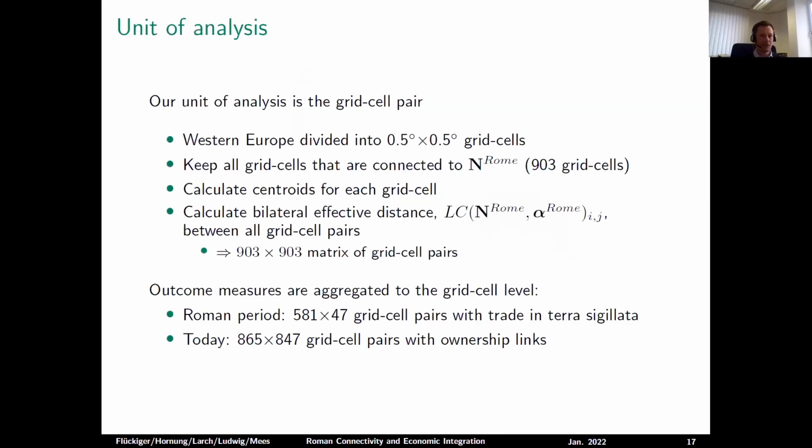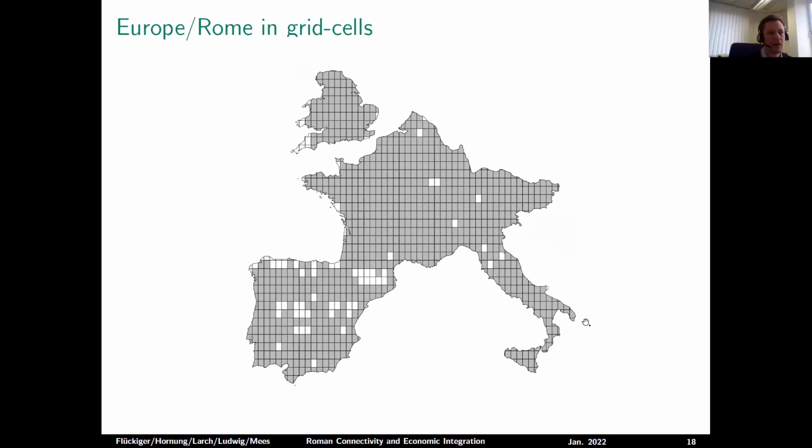So the data set that we're creating, and this is important for the unit of analysis, let me show you this map. We're cutting down Europe into grid cells for the pure fact that we don't have good regions to compare. We're cutting down Europe into 55 times 50 kilometer grid cells. This is 0.5 times 0.5 degree size.